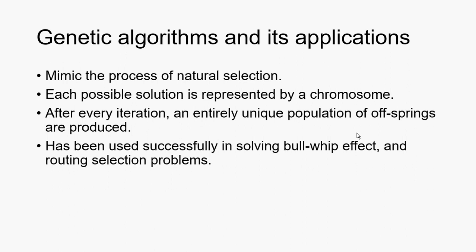So as we keep iterating, we move towards a more efficient and more optimal solution. The applications of the genetic algorithm in SCM have been in solving the bullwhip effect and routing selection problems.